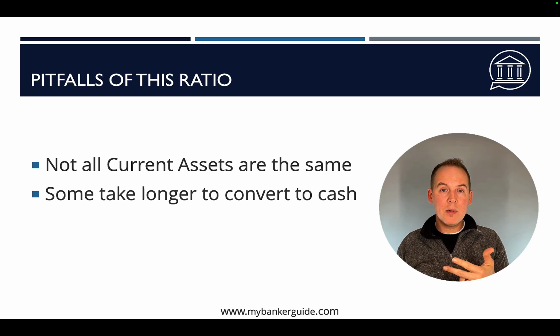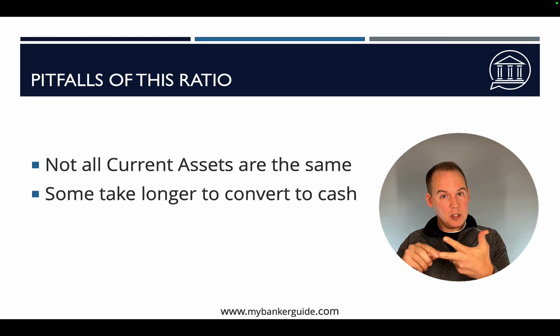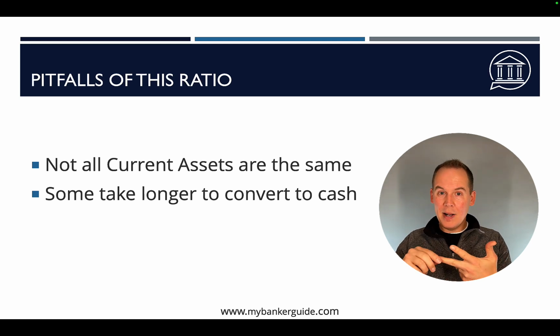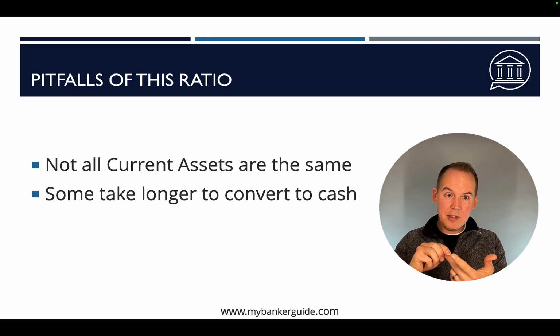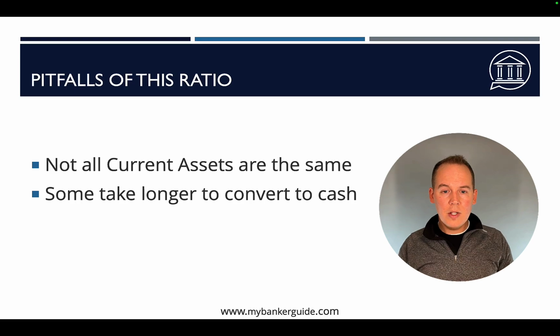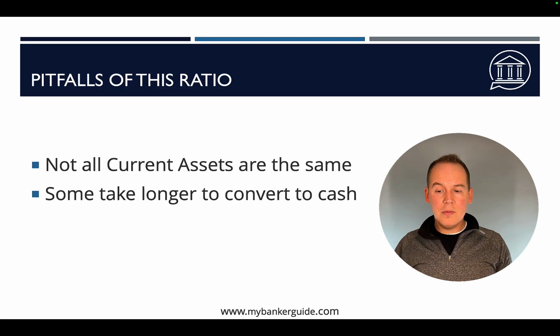But if I'm a customer who has a lot of money tied up in inventory, it's still going to show up in current assets and still going to give me a good current ratio. But if all of it's in inventory, for me to get that turned into cash, I need to find a customer, sell it to them, and collect it, versus just having it in the checking account. So the big thing with this ratio is that it's viewing all current assets as the same, when in reality, if you have to pay a bill, that supplier is not going to take your inventory as payment. They want to have cash.